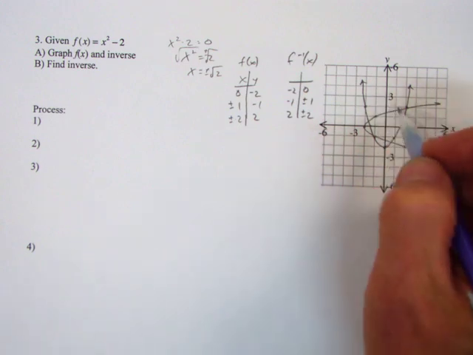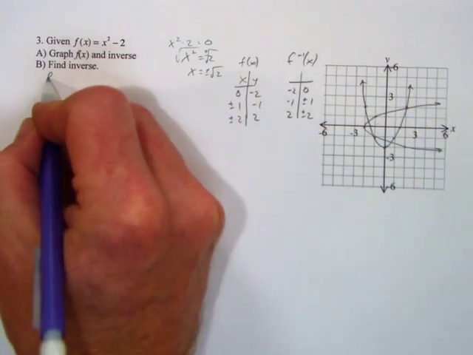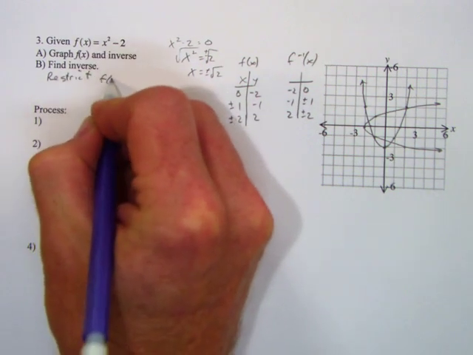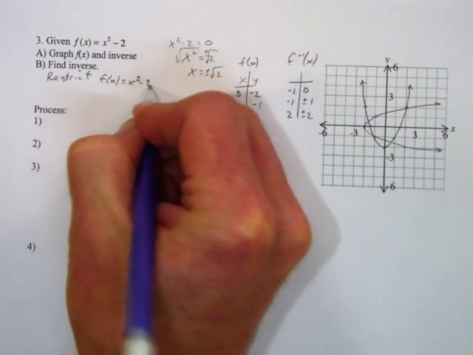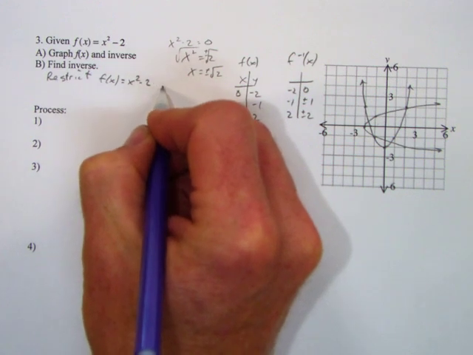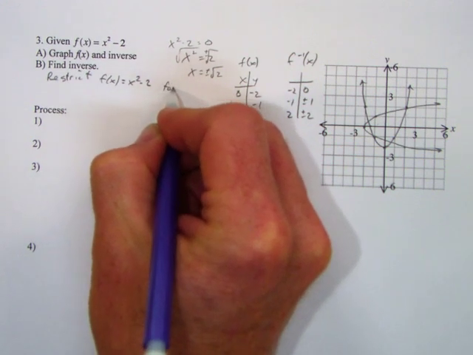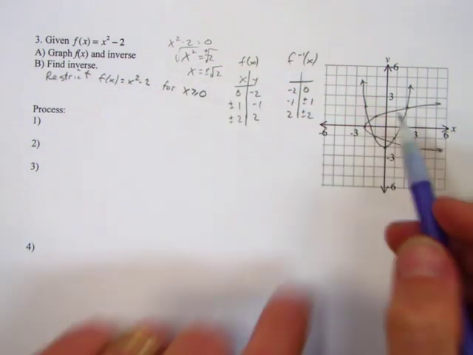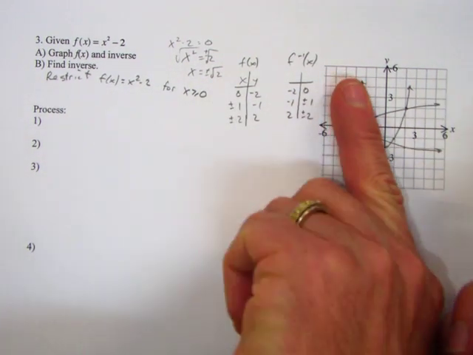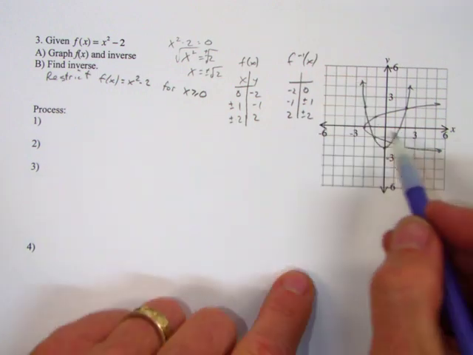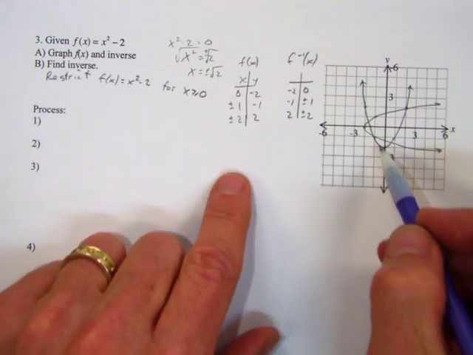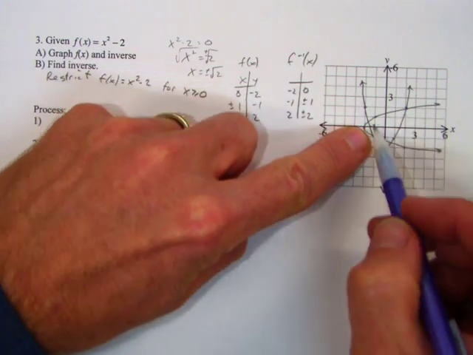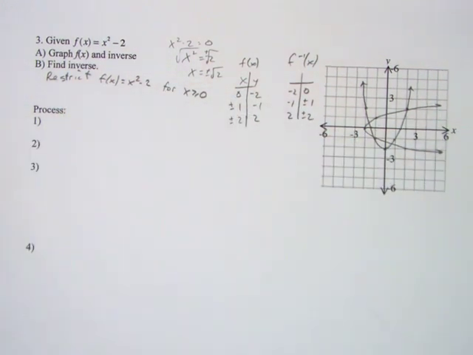So if we restrict f of x equals x squared minus 2 for x greater than or equal to 0, then if I took off this piece there, when we graphed it I would not have any of those negative values, so the negatives would be gone, and it would be a function.